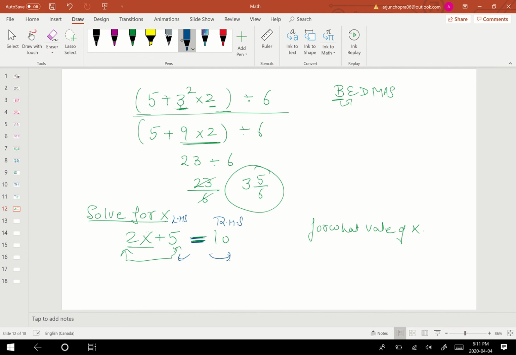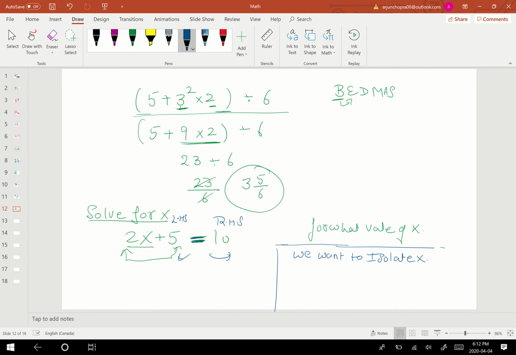When we are solving for x, I'd like you to note down some rules. The first rule: the idea of finding x is that we want to isolate x.